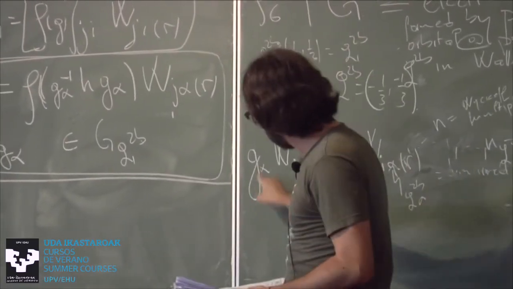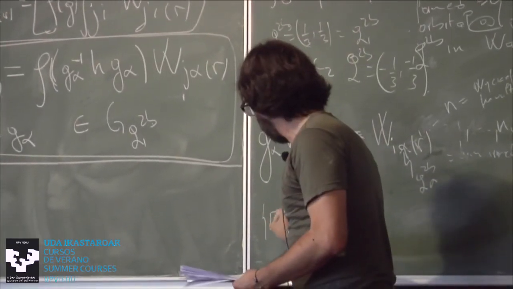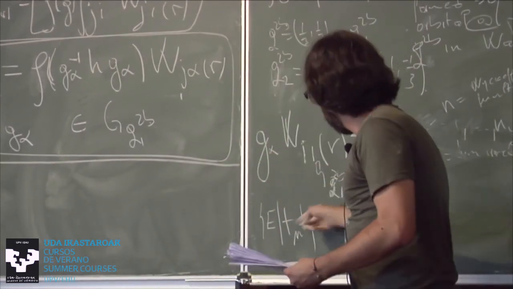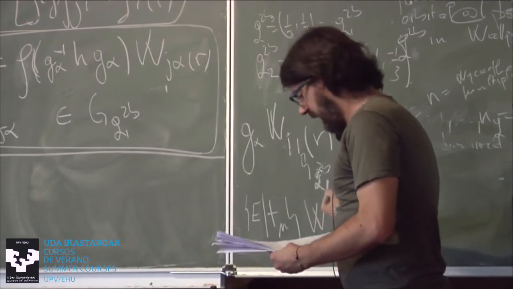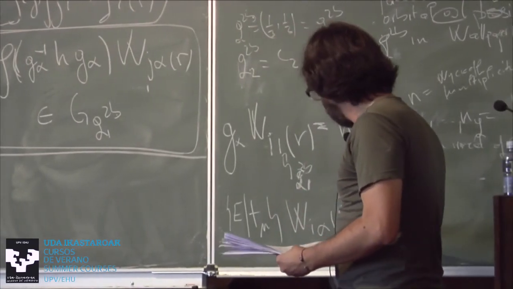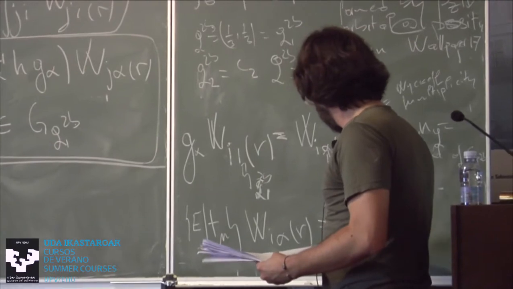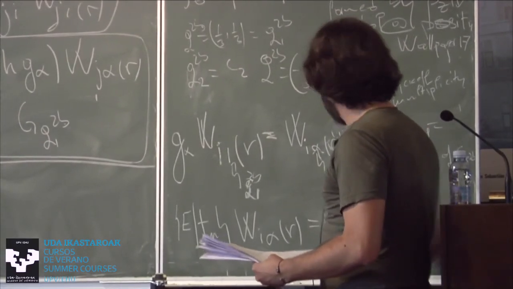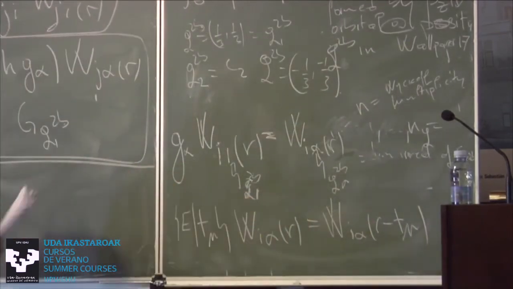But of course, the translations are just another group element. We call them identity times translation t mu. That's a group element of the full space group. And the way they relate orbitals is the following, by just translation. Is this clear?